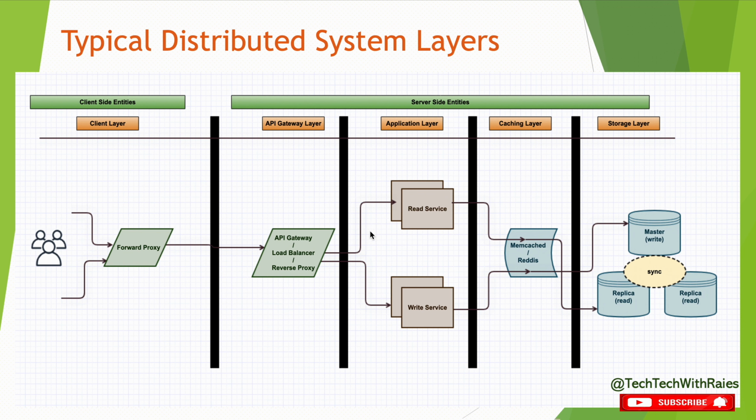If the request is of read type, it will go to a read service cluster, or if it is a write or post type request, then it will definitely go to some other service. These services can be combined or segregated based on the implementation in the application layer.